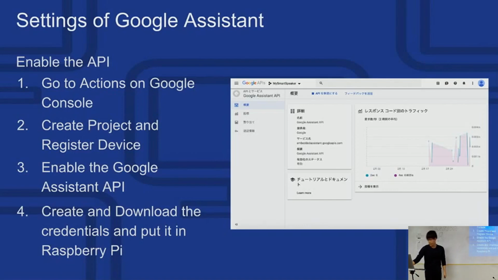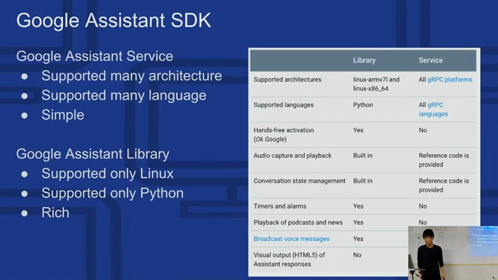And so I used the Google Assistant SDKs. Google provides two SDKs to develop applications. One is the Google Assistant Service, and one is the Google Assistant Library. So this figure shows the difference between both SDKs.